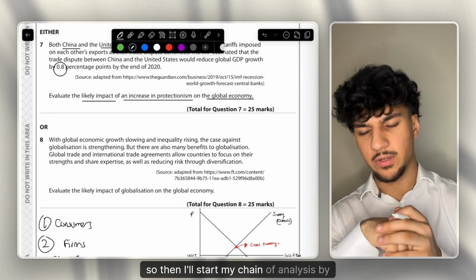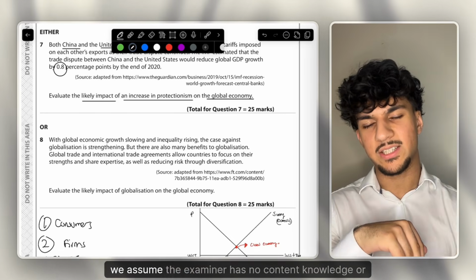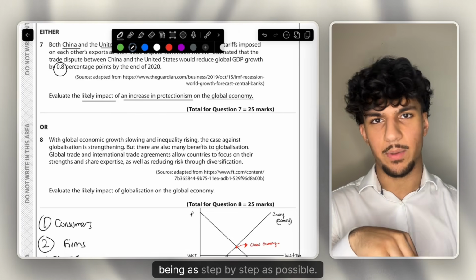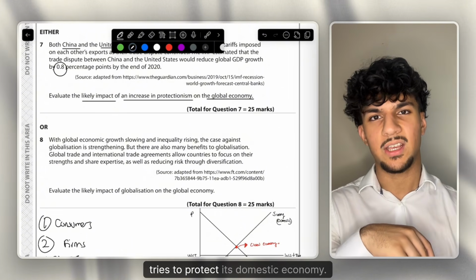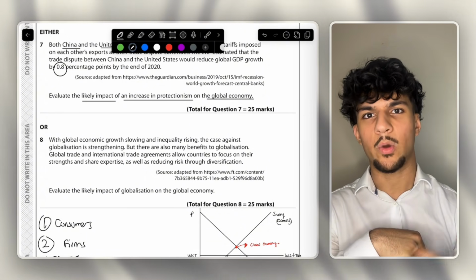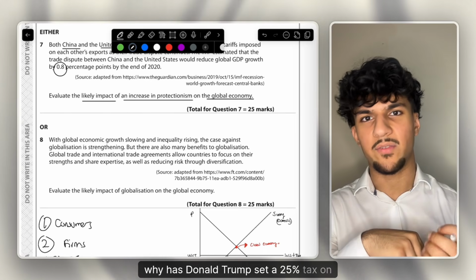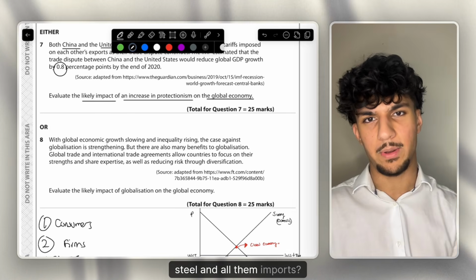Then I would start my chain of analysis by explaining what protectionism actually is. Remember, we assume the examiner has no content knowledge and we're being as step-by-step as possible. So what is protectionism? It's where a government tries to protect its domestic economy. For example, why has Donald Trump set a 25% tax on aluminium, steel and those imports?